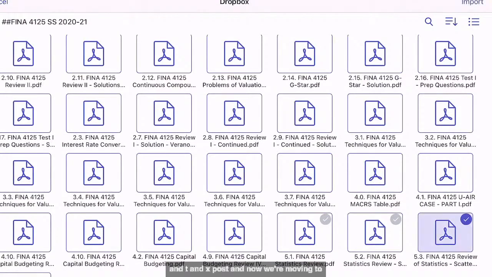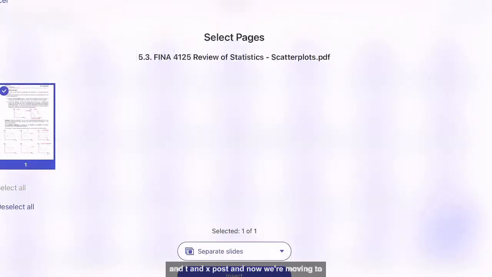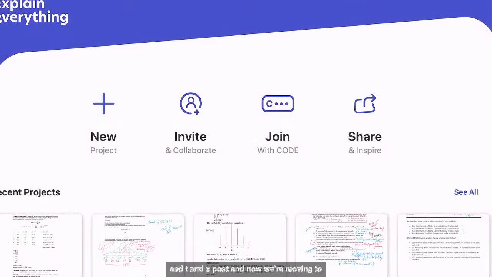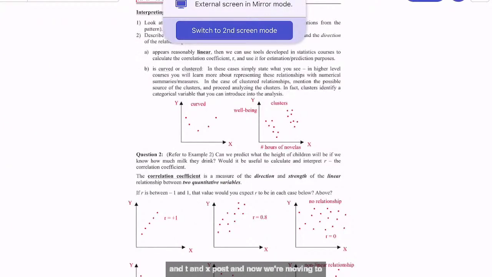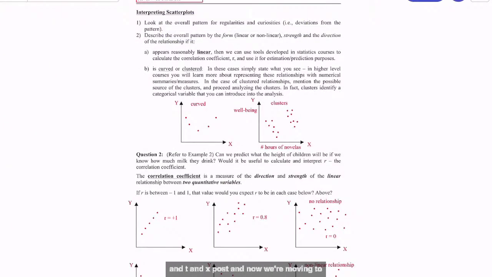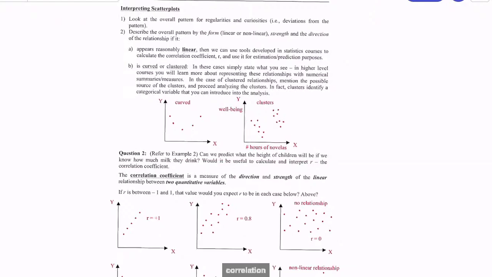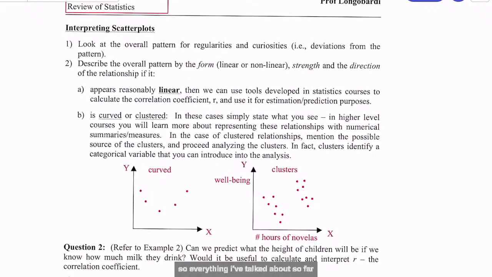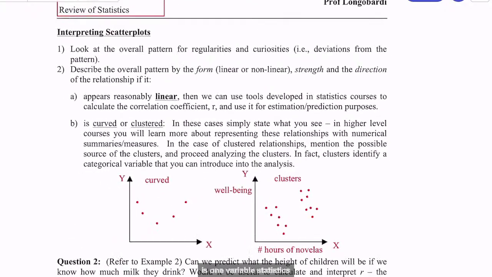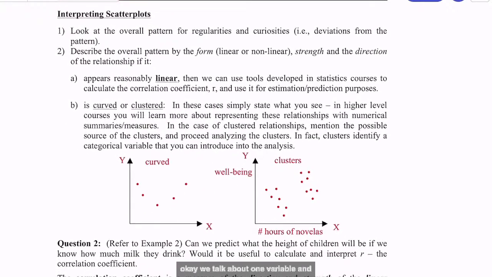And now we're moving to correlation. So everything I've talked about so far is one variable statistics. Okay, we talk about one variable and characterizing it, deriving its distribution, and then using the distribution to make predictions.